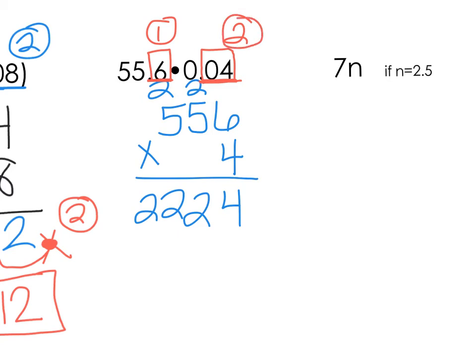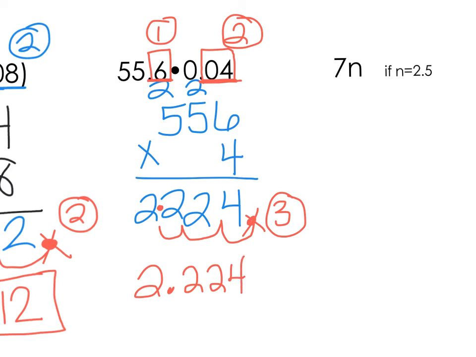So 1 and 2 all together, we need to give back 3 decimal places to our final number. So we're going to always put it behind the last number. And we're going to go 1, 2, 3. And now I found the new home for my decimal. Remember, numbers only get 1 decimal. They can't have 2. So where you move it, that's your final spot. So my answer is going to be 2.224.